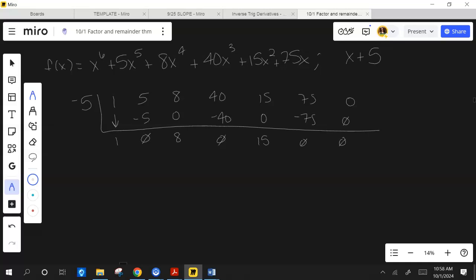Do you always get a 0 at the end when you do synthetic division? If it's a factor, but not every time you do synthetic division. Students always want to go, wait, I got a remainder. You can get a remainder with synthetic division, just not if you're dividing by a factor, okay? All right, write it as a multiplication problem. X plus 5, I'm listening. This is called the remainder theorem.